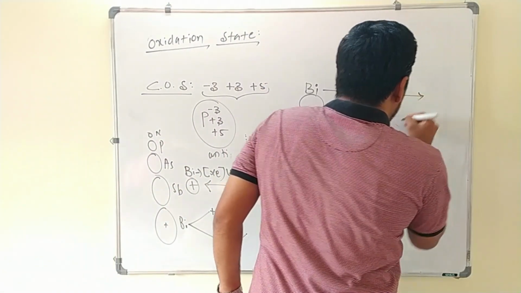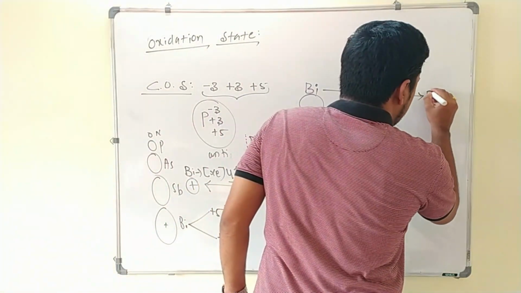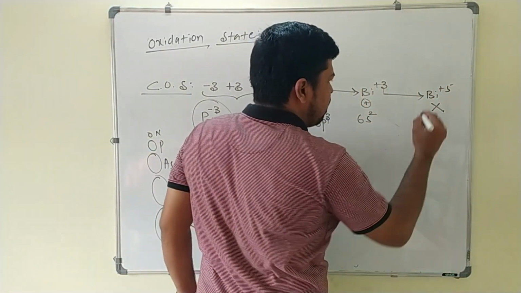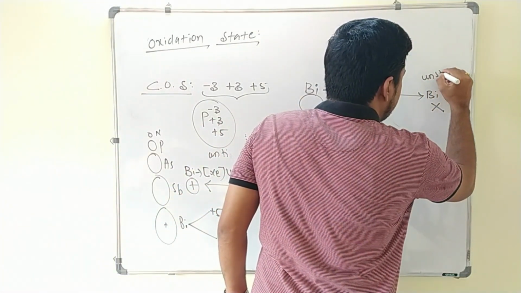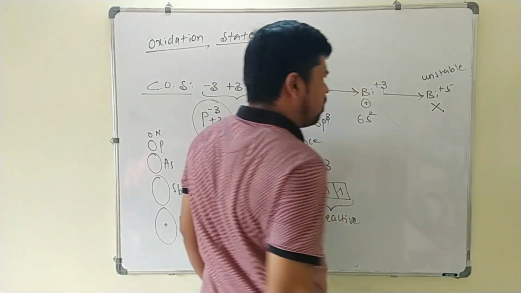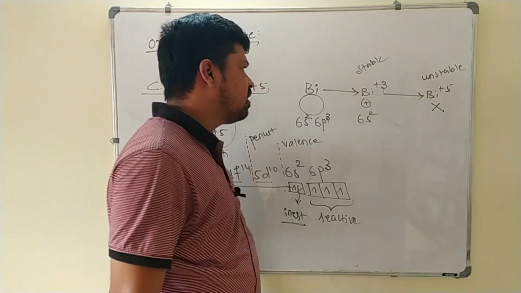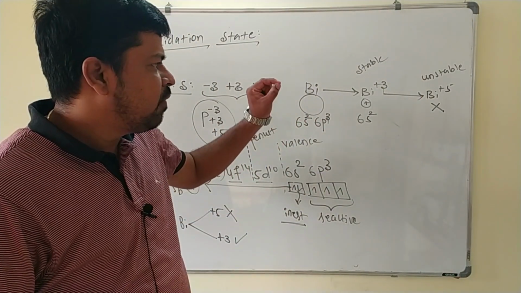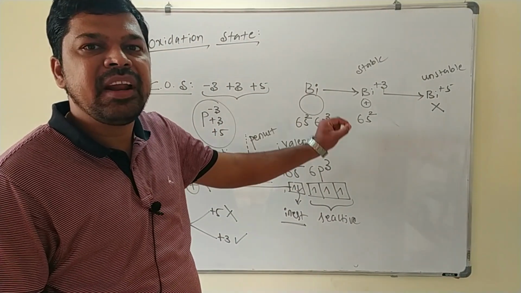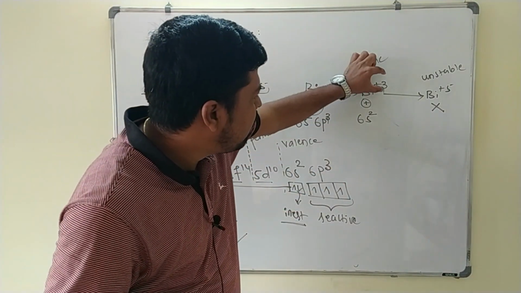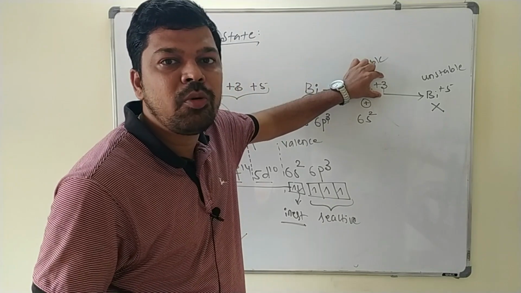Next, if it wants to lose these 2 electrons to show the +5 oxidation state, this is not possible because +5 oxidation state is unstable. In case of bismuth, only +3 oxidation state is stable here. This is what we call inert pair effect. What is it? Inert pair effect: the oxidation state of the element is 2 units less than the group oxidation state.